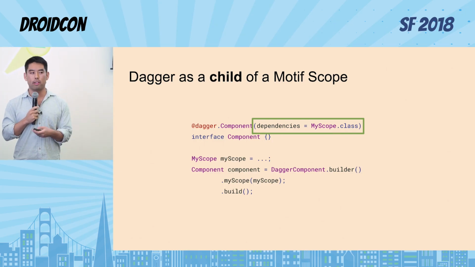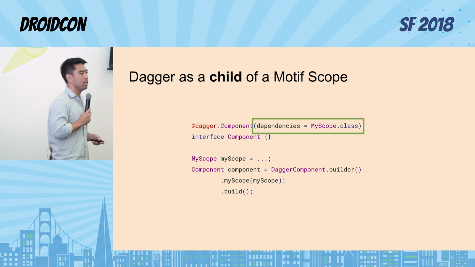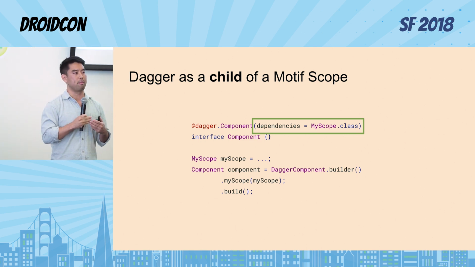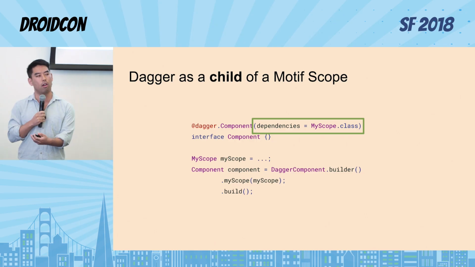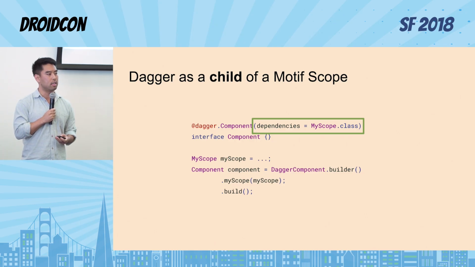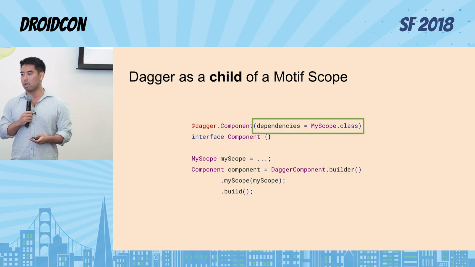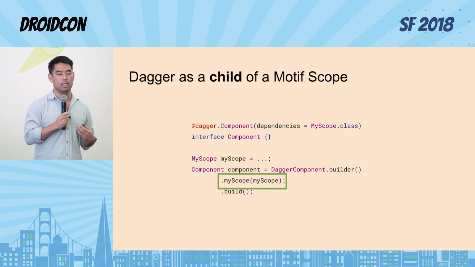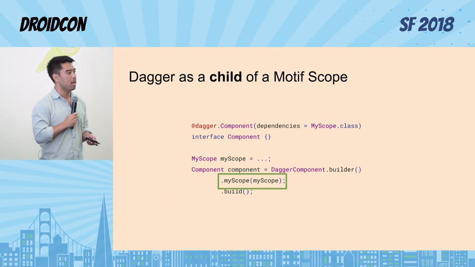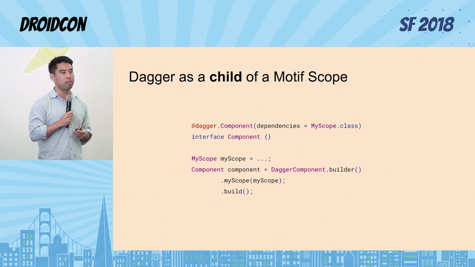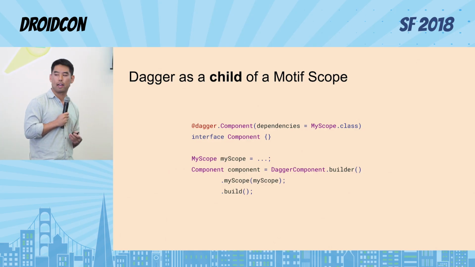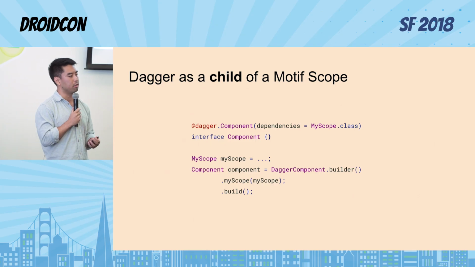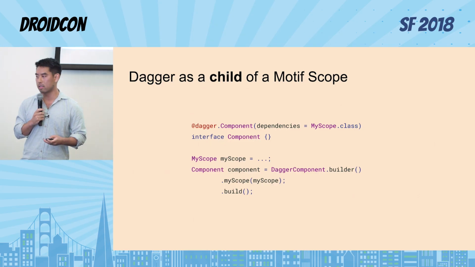And the reason why this works is because Motif scopes and Dagger components share the same syntax for these provision methods, and that's what Dagger looks for on this dependencies definition. So when you go to instantiate the component, all you need to do is pass in an instance of the Motif scope now, and that's it. So it's a pretty seamless integration, and in fact, Dagger treats the Motif scope exactly in the same way that it would treat a component dependency.